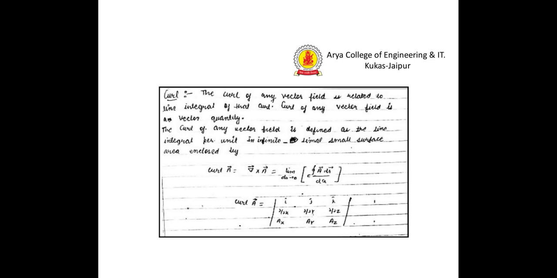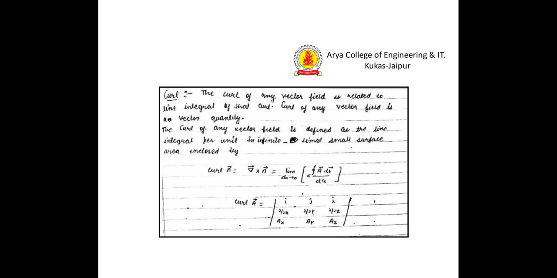Now curl. The curl of any vector field is related to the line integral. The curl of any vector field is a vector quantity. Again this point is to be noted, the curl of any vector field is a vector quantity.